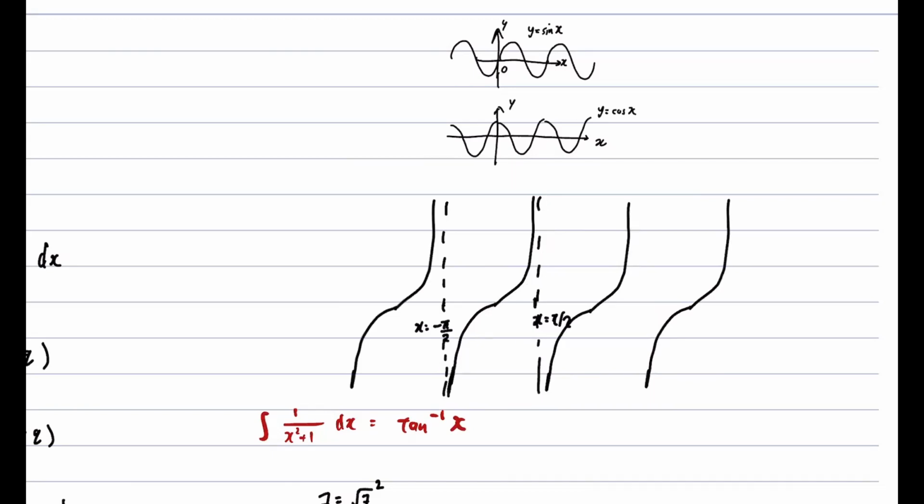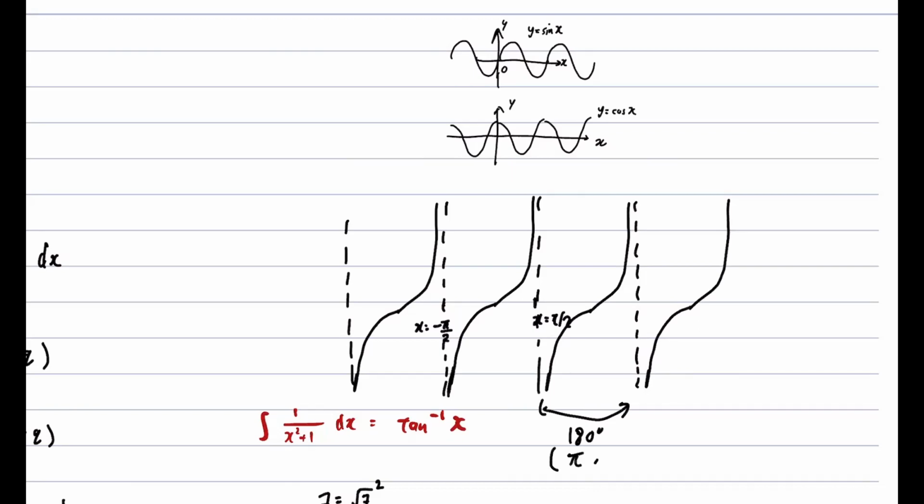Copy and paste a few times. All these asymptotes are always a 180 degree gap apart, which is pi radians, if you remember. This is actually from A Maths. Cannot forget.